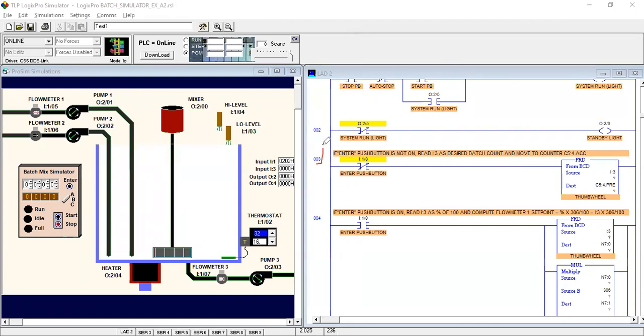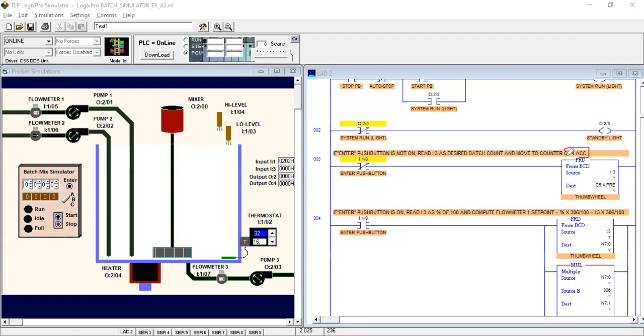And after this rung we have this rung. This rung reads: if the enter push button is not on, read I:3, sorry, input 3, as the desired batch count and move it to counter C5:4 ACC.